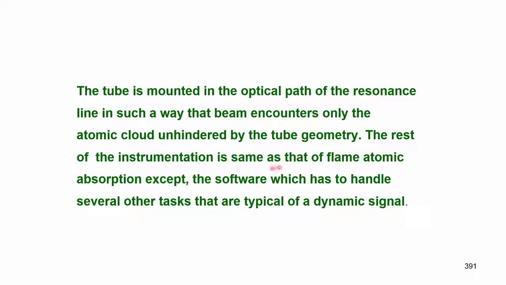The rest of the instrumentation is same as that of flame atomic absorption, except the software which has to handle several other tasks that are typical of a dynamic signal. So, this we will explore now.